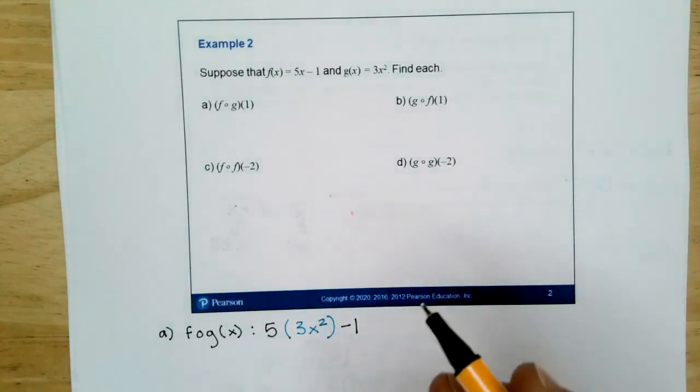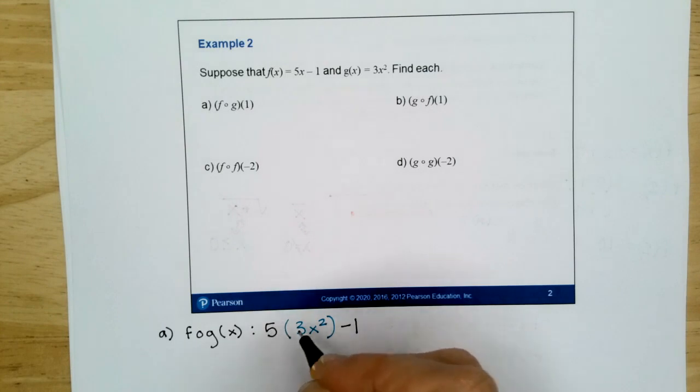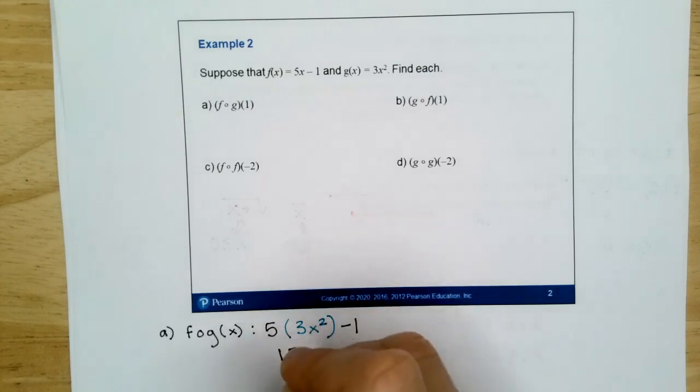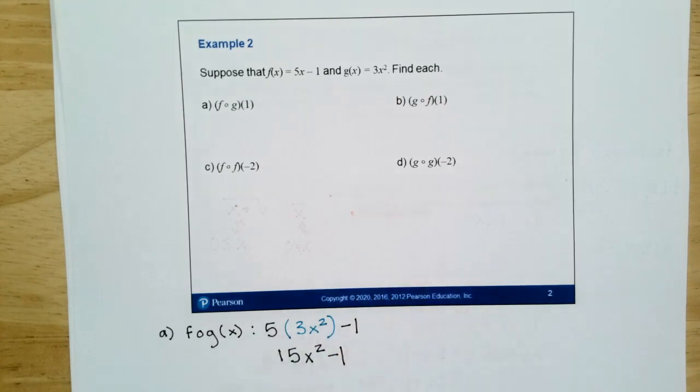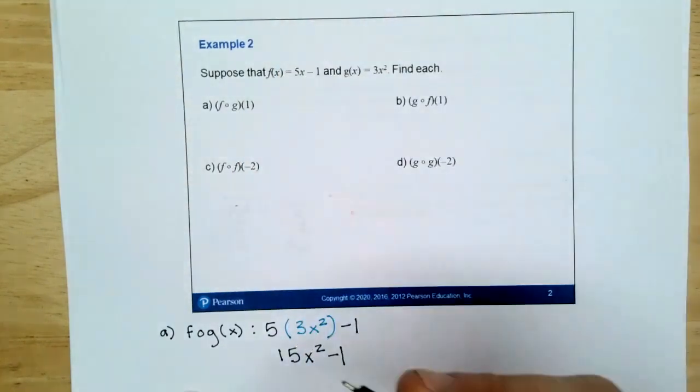Good? Distribute that 5. 5 times 3 is 15x squared minus 1. Now, take that 15x squared minus 1 and substitute in the 1.